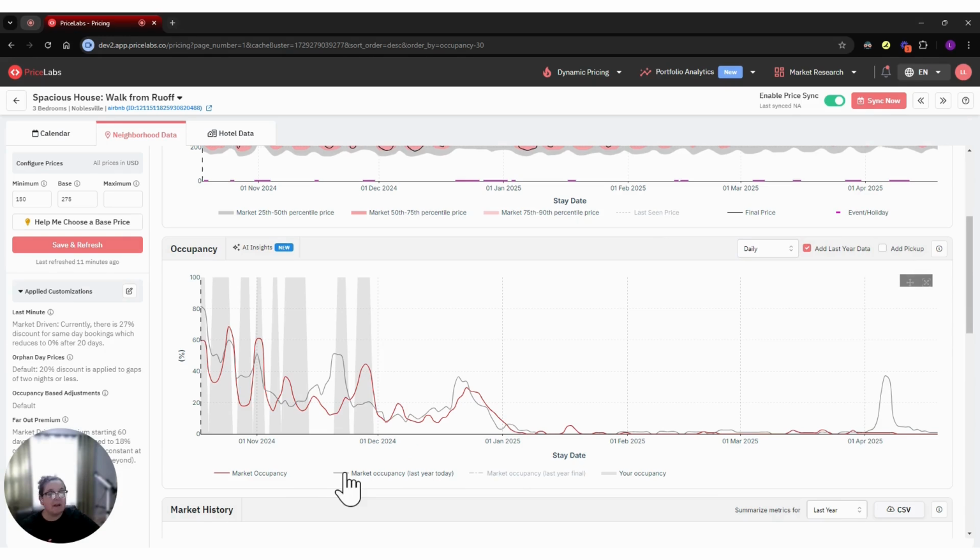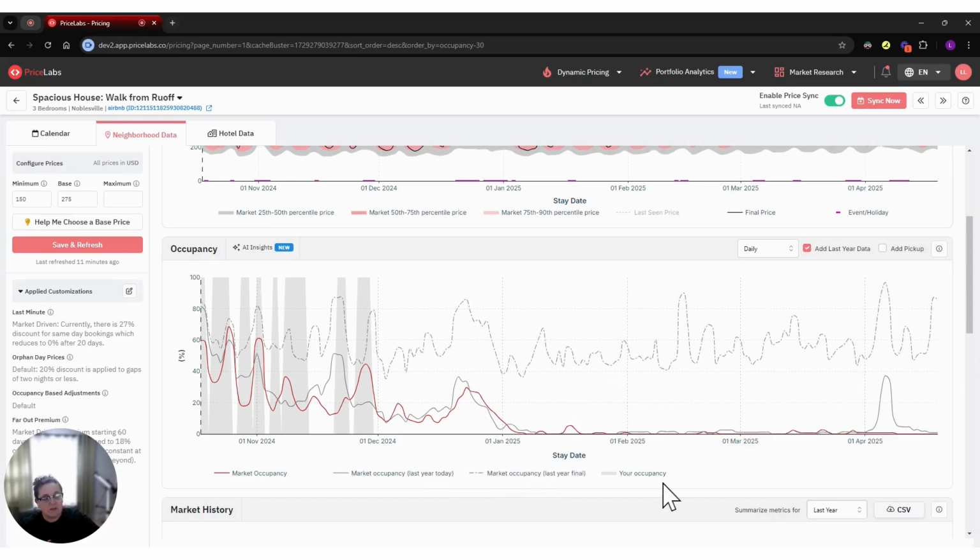What the gray solid line shows you is what the market occupancy was like last year today. So if you looked at last year's bookings on exactly this date, the gray is how the market occupancy would have been then. Finally, you have this market occupancy last year final, which is going to be this dotted line.